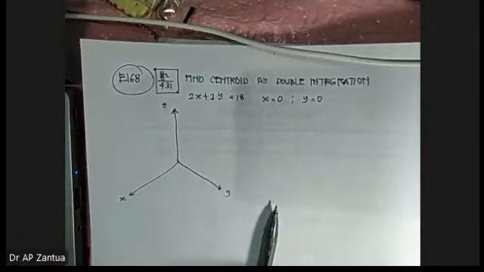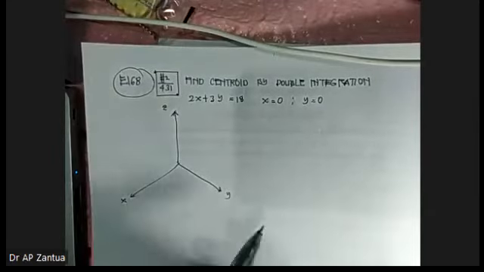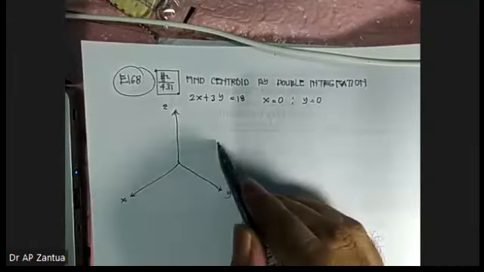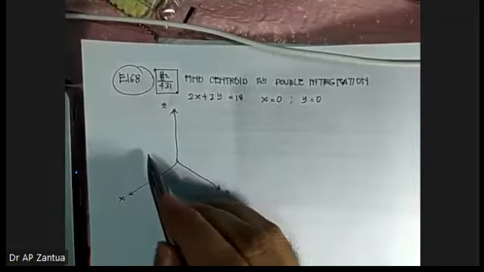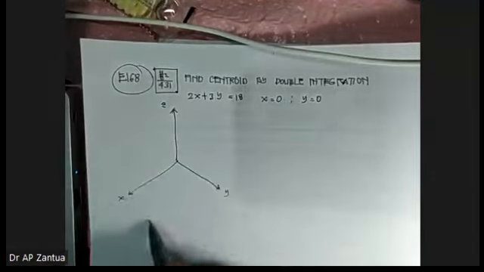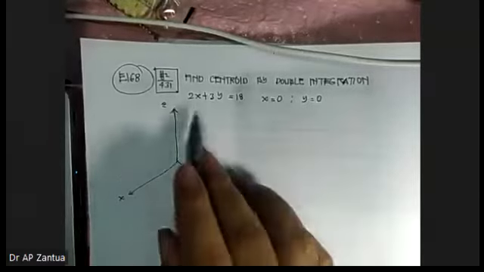And then y is equal to 0 from this point going here. So this portion is not included, those areas are not included. Only the things inside positive x and positive y.